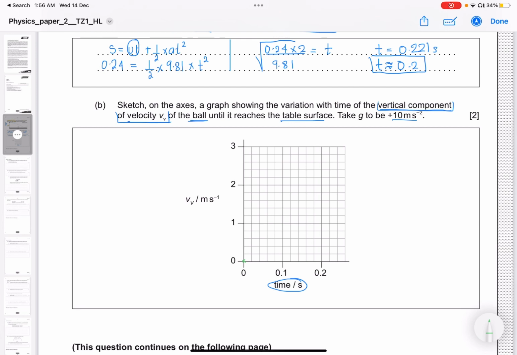Now, g is 10 meter per second squared, which means that every 1 second the vertical component of the velocity increases by 10 meter per second. So for 0.1 seconds, what's the increase in the velocity? 0.1 into 10 is equal to x. x is equal to 1 meter per second.